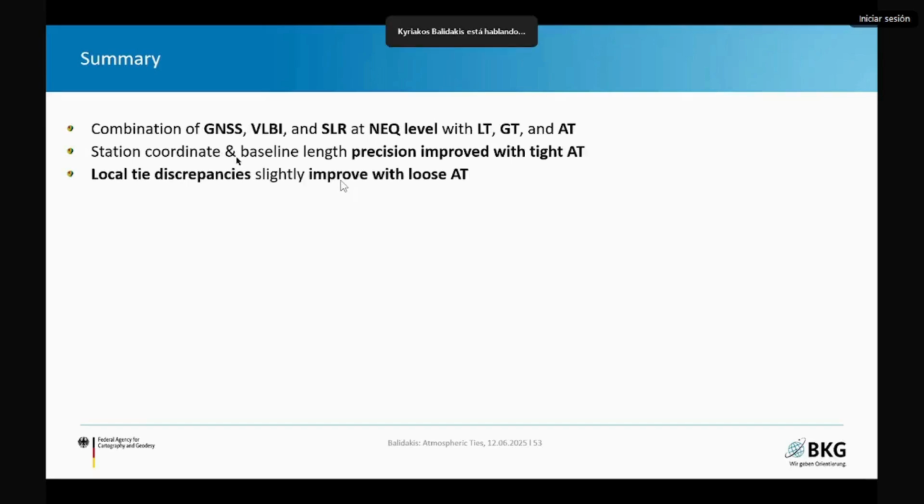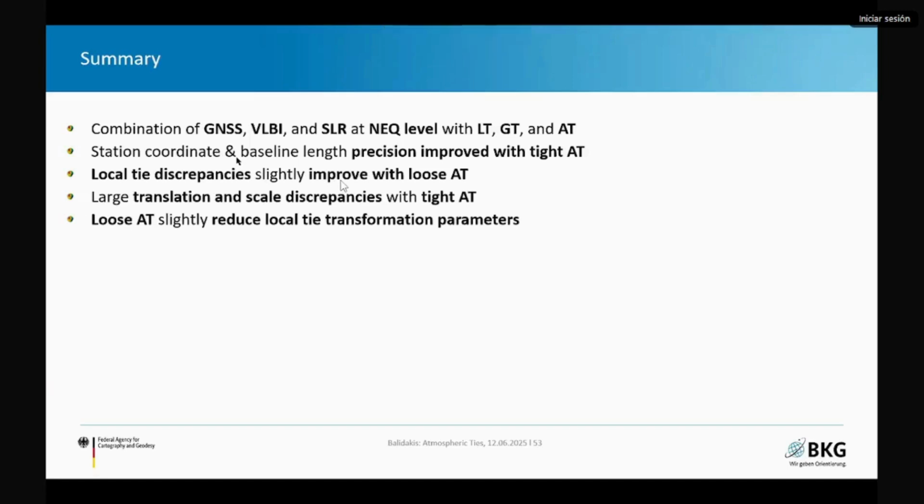The local tie discrepancies improve if we have loose atmospheric ties. The rest of the results are rather expected. In principle, if you impose loose atmospheric ties, it means that the influence of the atmospheric ties on your solution is not very big.